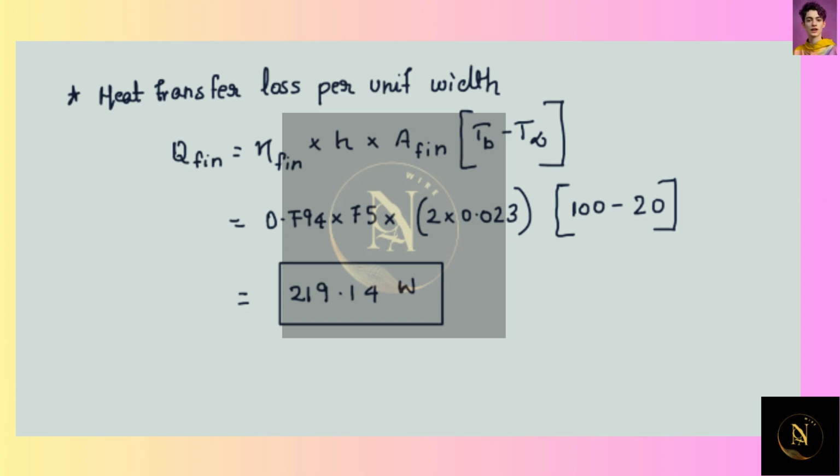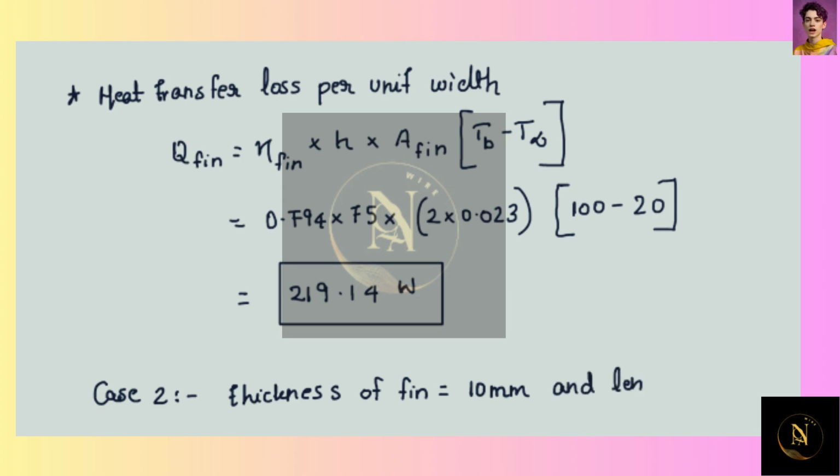Now we are moving on to the next case, case 2. Here we are considering thickness of fin equal to 10 mm and length the same as above, which is 20 mm.